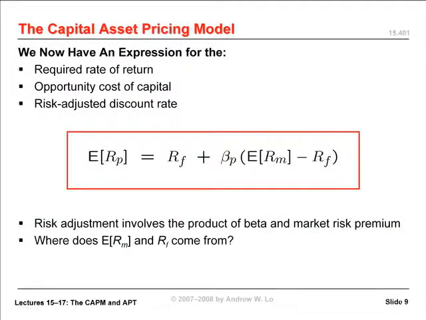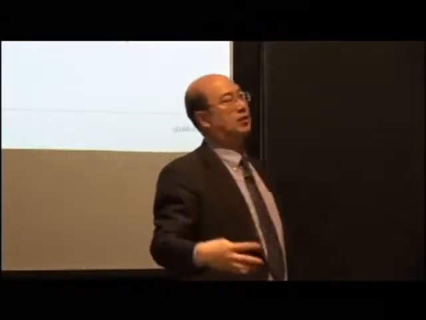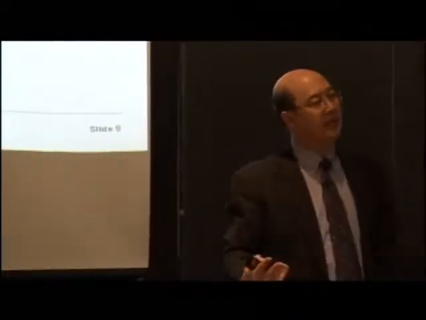Let me go back to this equation and take a look at it and try to provide even more intuition for this before we go on. So the idea behind this equation is that it tells you that this is the rate of return that you should have if you have a certain beta. Now you can actually measure the deviation from that very simply by asking the question, for a portfolio manager or an investment project that yields an expected rate of return that's different from this, that difference is actually what we call alpha.